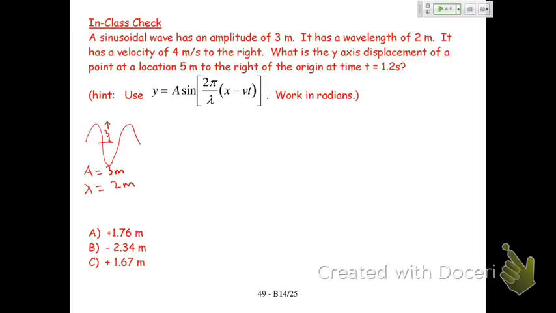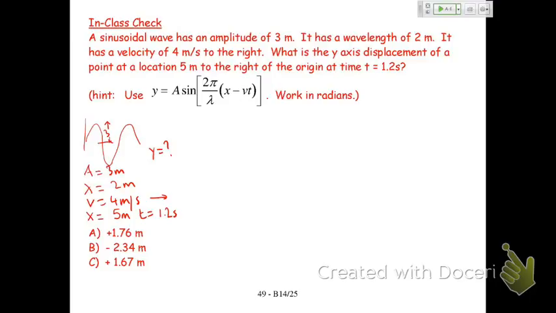It has a velocity, which equals 4 meters per second to the right. That's important. And it wants to know what the y displacement is for x equal to 5 meters and t equal to 1.2 seconds.